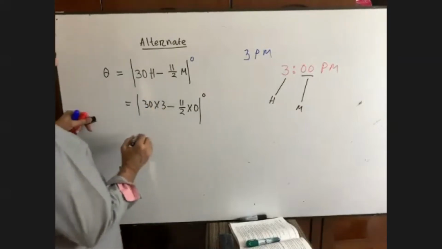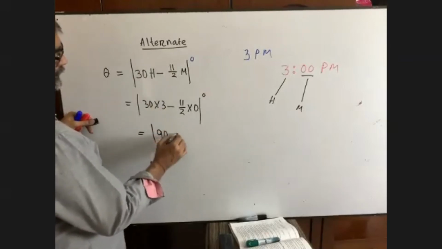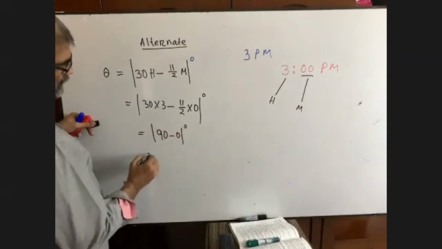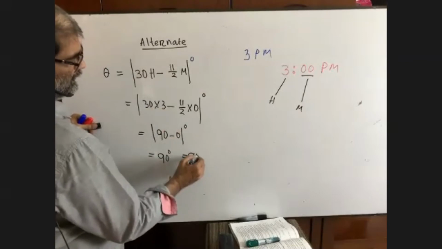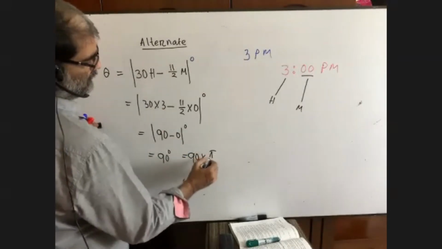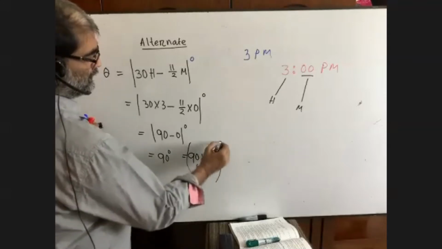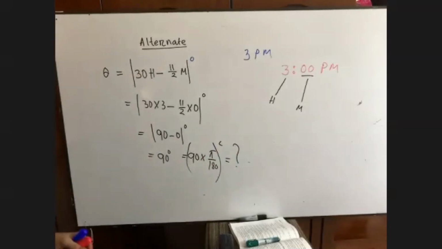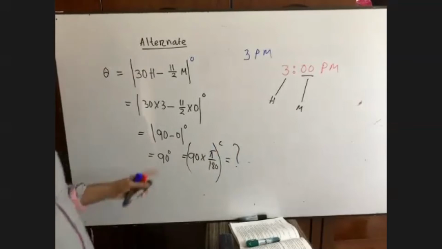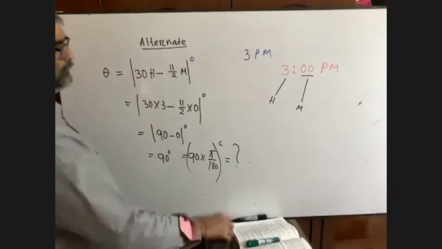Yes. So we are getting 90 minus 0, so we are getting 90 degree. 90 degree equals 90 into pi by 180 radian, that is pi by 2. Sir, got it. Yes, sir.